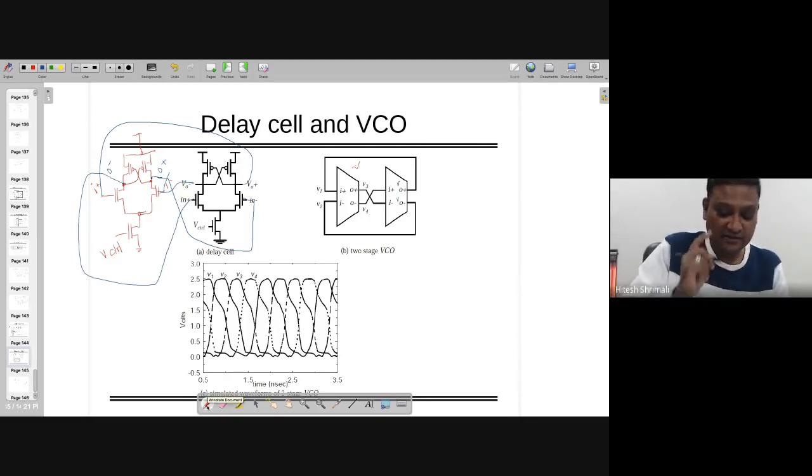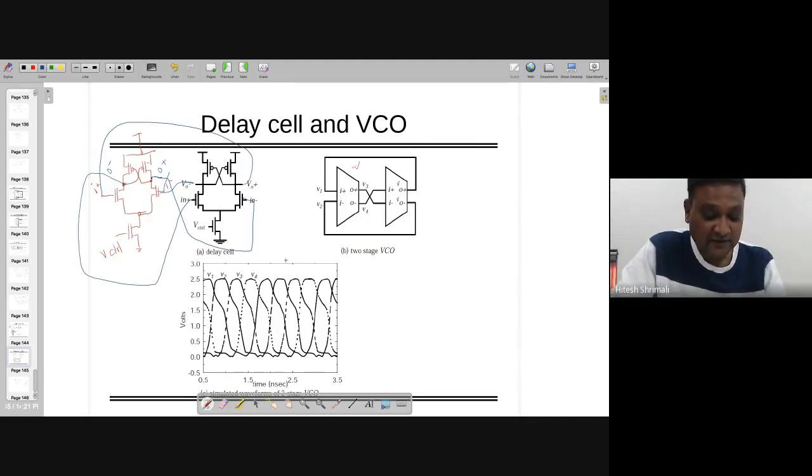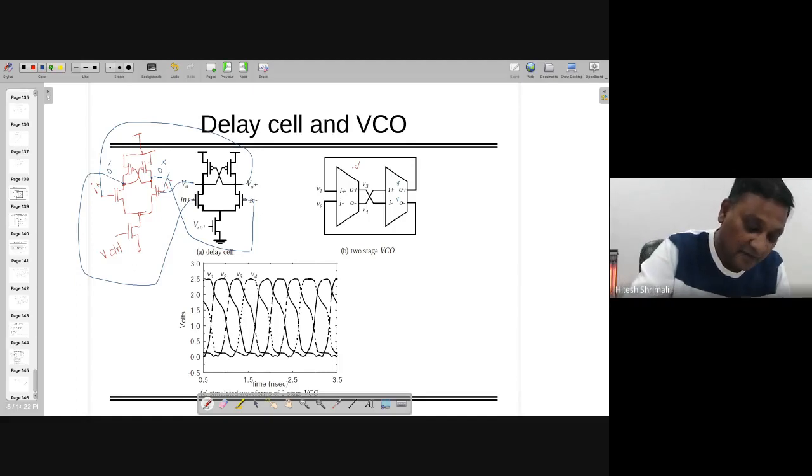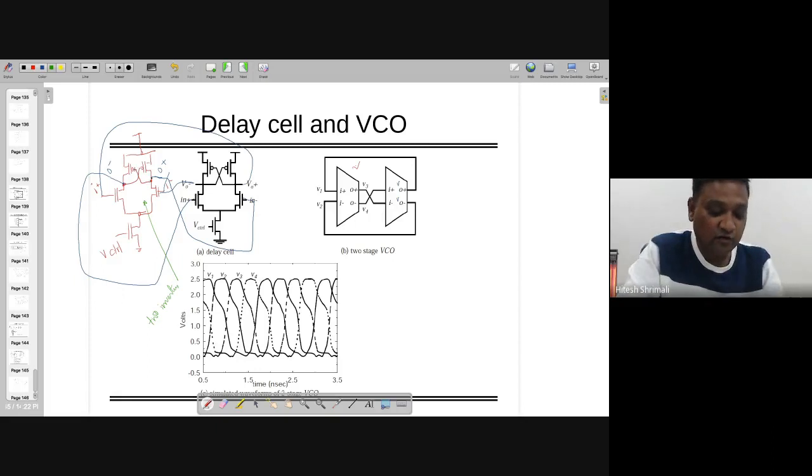So in that case, if you look at the delay cell and the circuitry, effectively these are two inverters, right? Whose input and output are cross coupled, right?